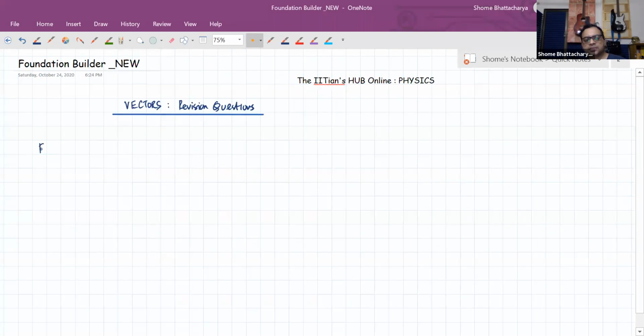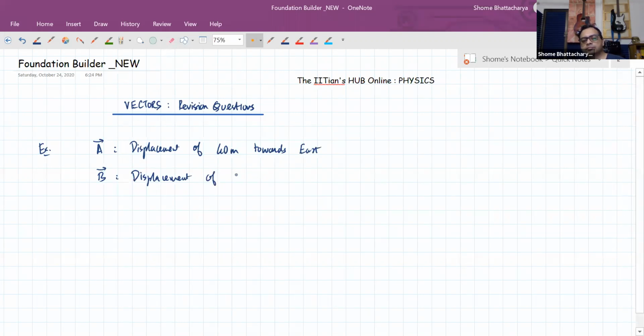So let's start with a simple example. Vector A is a displacement of 40 meters towards east. Okay. And vector B is a displacement of 50 meters at 37 degrees north of west.